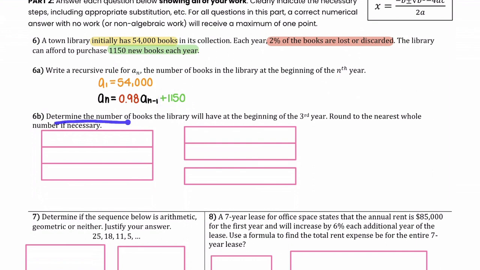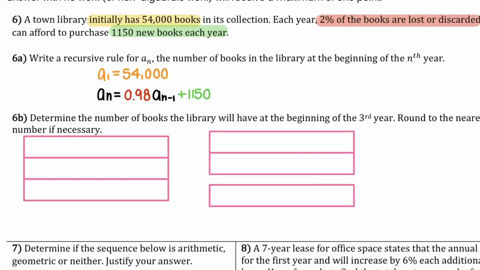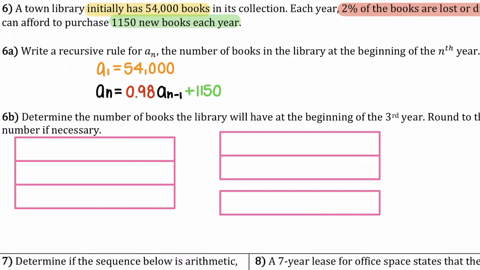And then now it says, determine the number of books the library will have at the beginning of the third year, round to the nearest whole number if necessary. So this is, once again, where we have to find all terms before a sub 3. So we already know a sub 1 is 54,000, and because it's recursion, we cannot just jump into a sub 3. We have to find a sub 2.